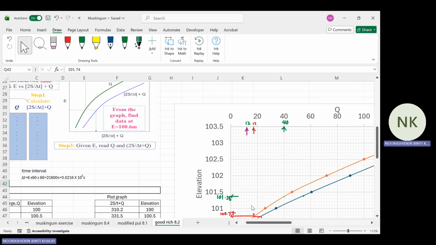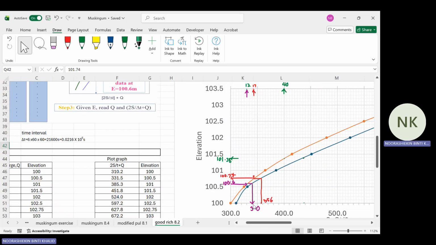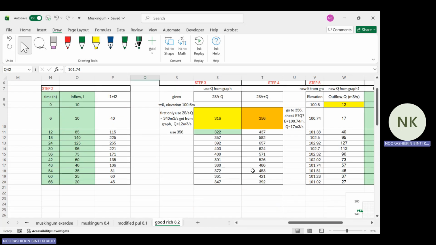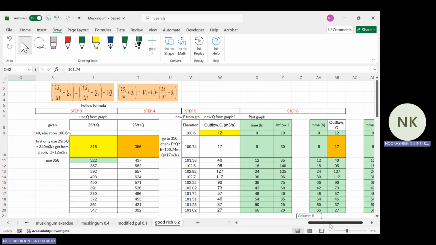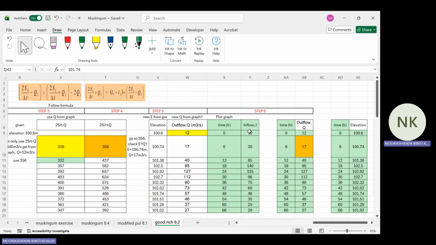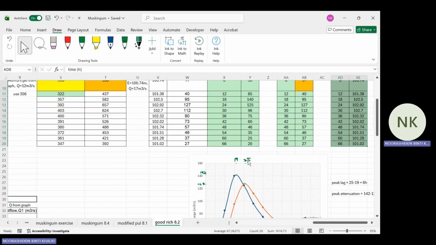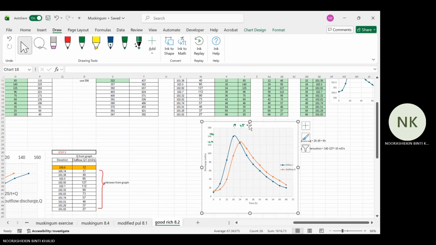Every each, 100.6, you get this one. And then here, got this one. Here, got this one. And then step number 6, plot graph time versus I, time versus outflow, and then time versus elevation. So I got this graph.